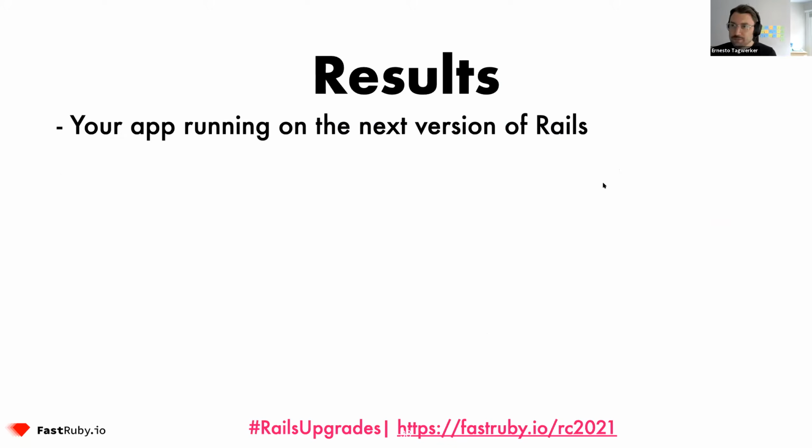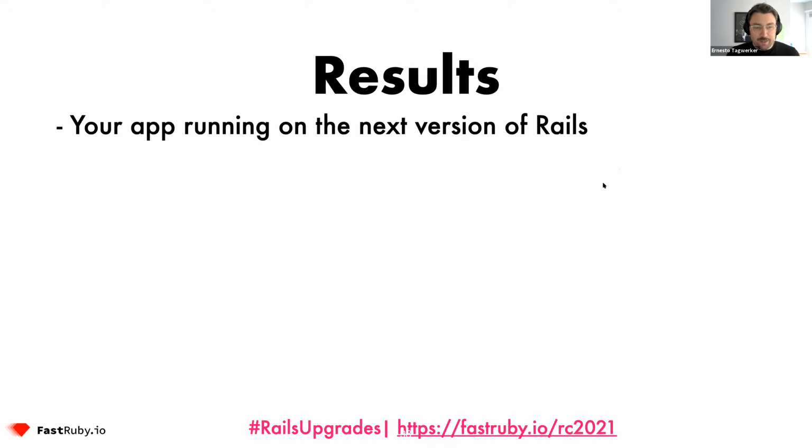So just to sum things up and to wrap the workshop, ideally, some of you got your application to run the test suite and to run the Rails server with the next version of Rails, which is great. I'm surprised that happened, but that's awesome.